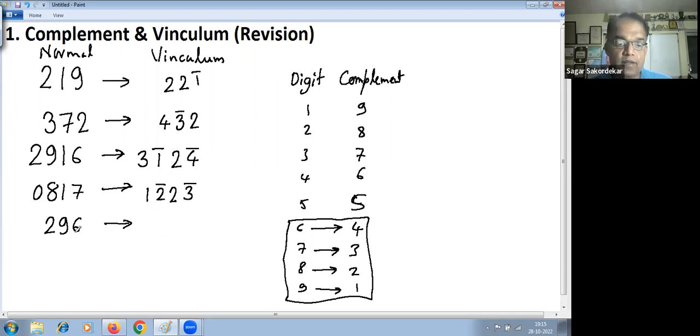Yeah, 6 is above 5, take complement. Complement of 6 is 4. Put dash, add 1. 9 plus 1 is 10. When you get 2 digits, you have to write the last digit. The extra digit, you have to carry. 2 plus 1, 3. Okay, 3 0 bar 4.